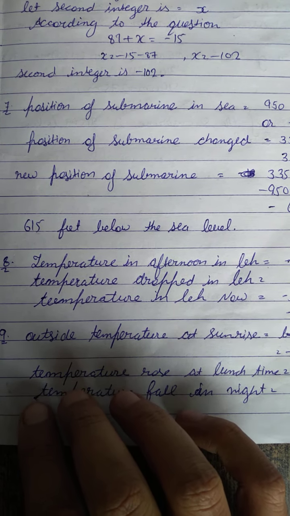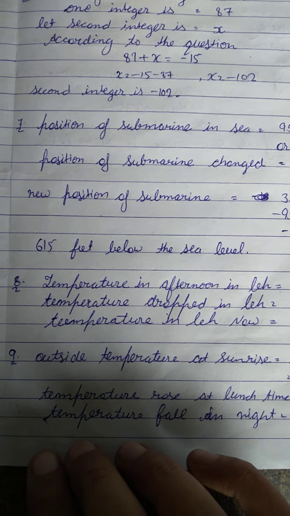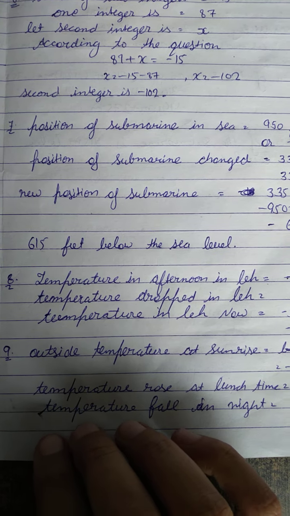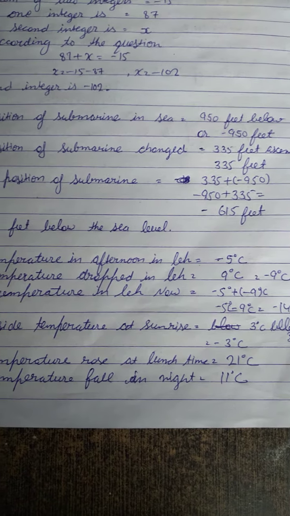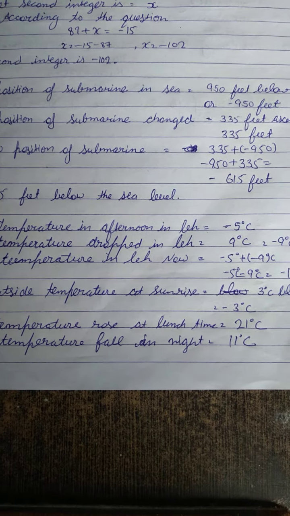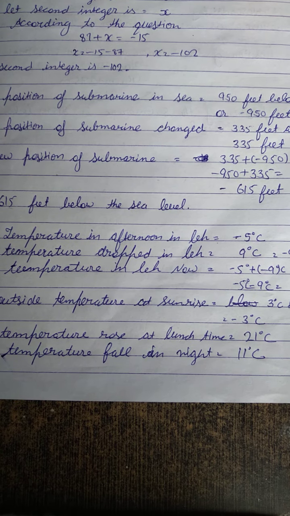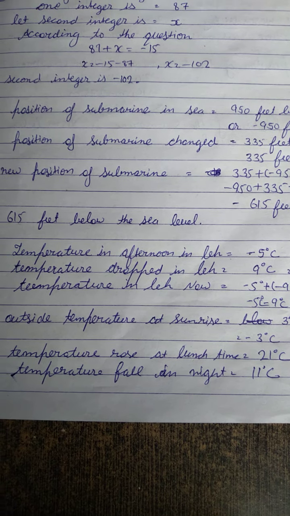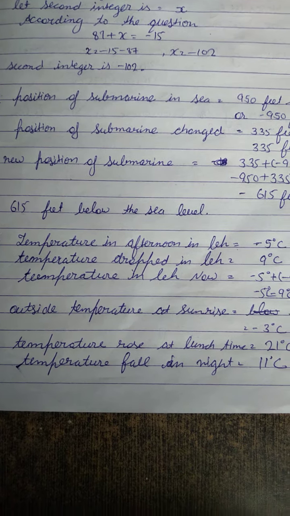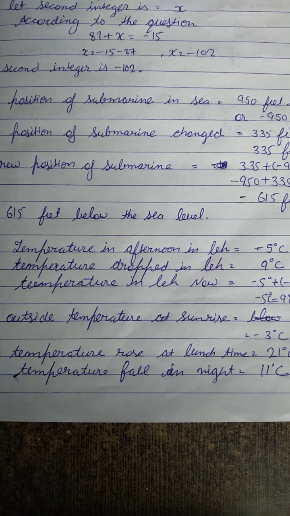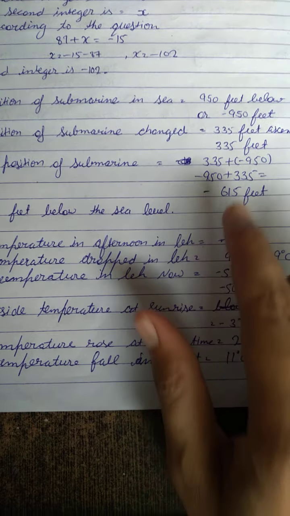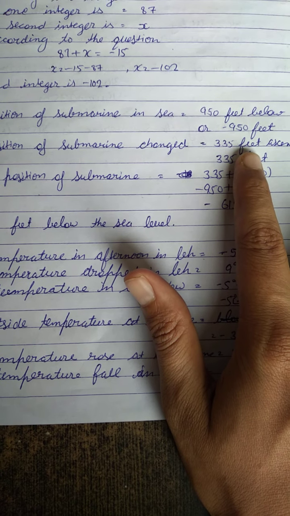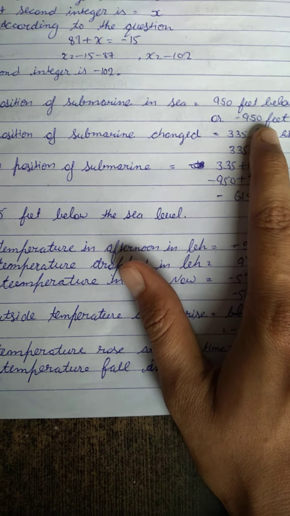102. So in the seventh sum, the position of a submarine is given, that is below the sea level. If we talk about below the sea level, the distance is a negative integer. If we talk about above the sea level, the distance is a positive integer. So the submarine is minus 190 feet from the sea level.